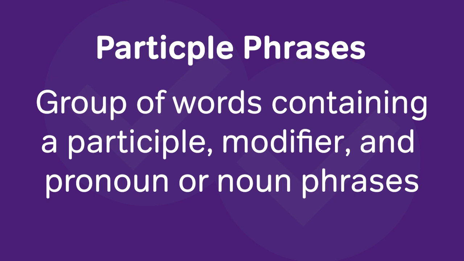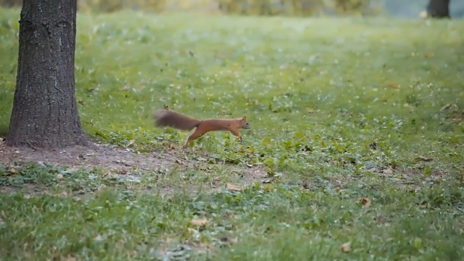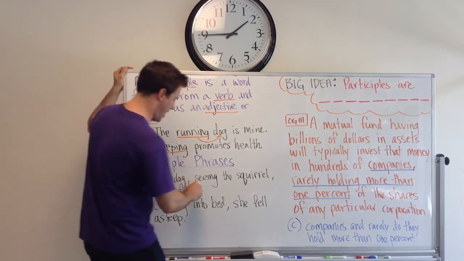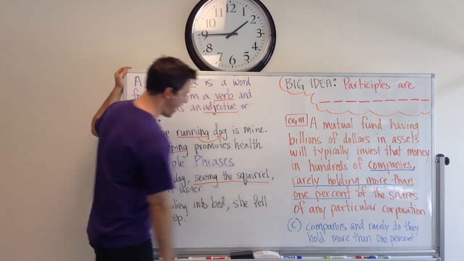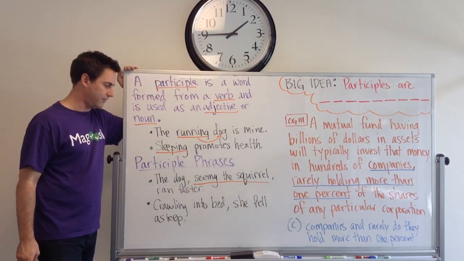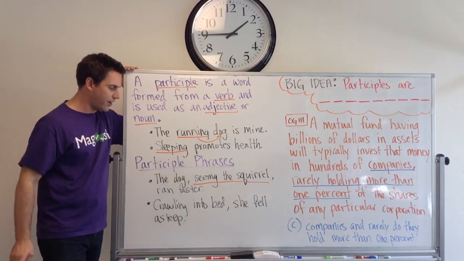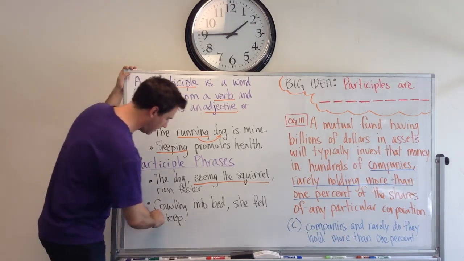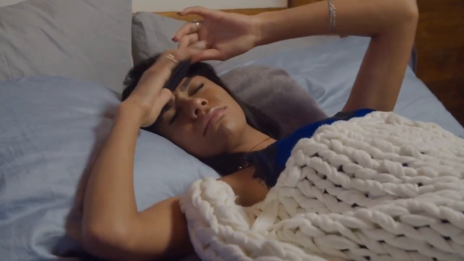In this example, the dog, seeing the squirrel, ran faster. Wants to get the squirrel. Here, all of that is a participle phrase, beginning with our participle seeing. Here we have crawling into bed, she fell asleep.